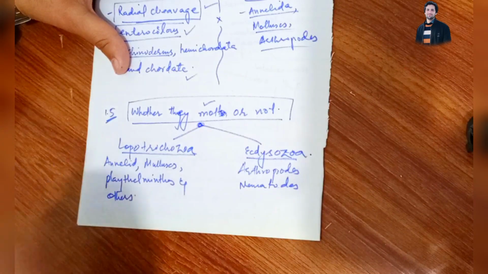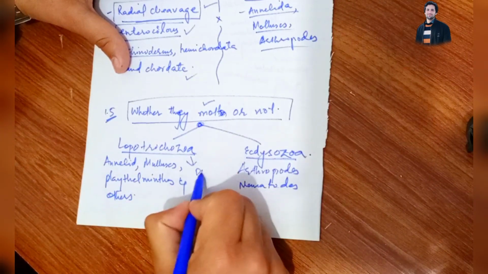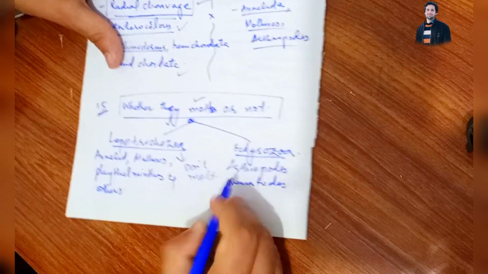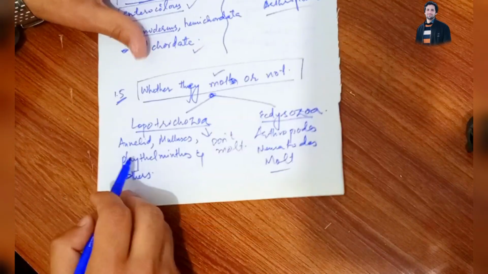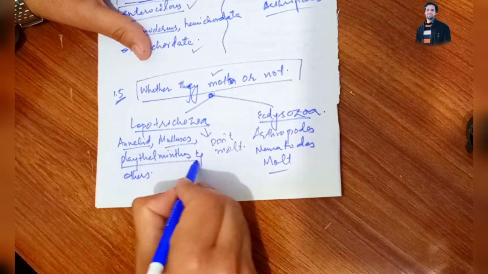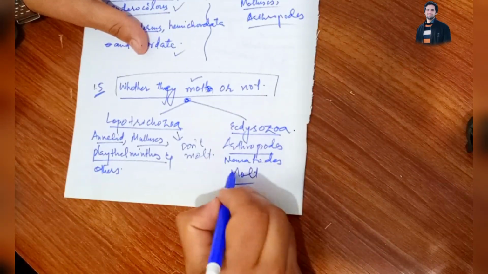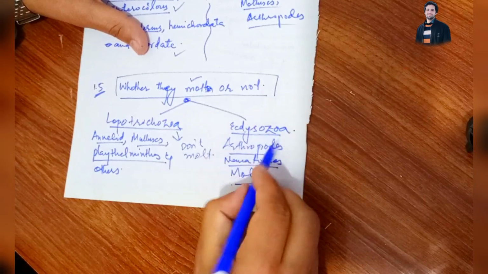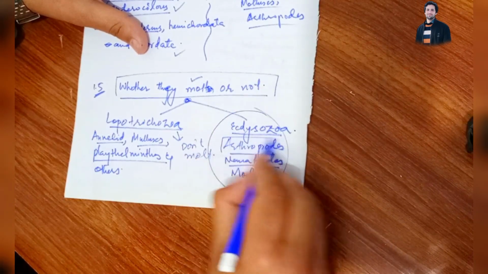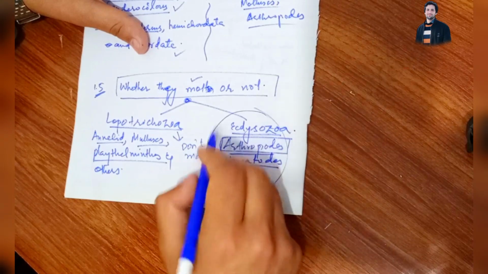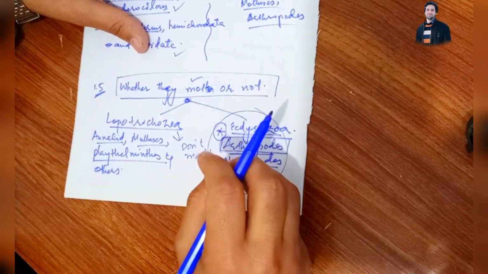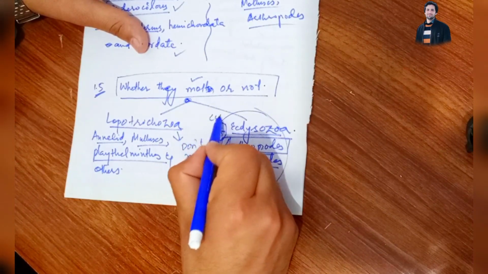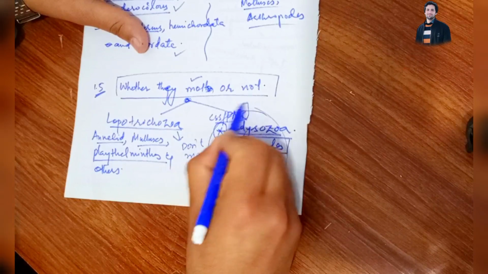Lophotrochozoa are those animals which do not molt, and Ecdysozoa are the organisms which molt. In Lophotrochozoa we have annelids, mollusks, platyhelminths, and others. In Ecdysozoa we have arthropods and nematodes. Ecdysis is the most important topic. It is a frequently asked question in CSS and PMS, if someone has opted for zoology as an optional subject.